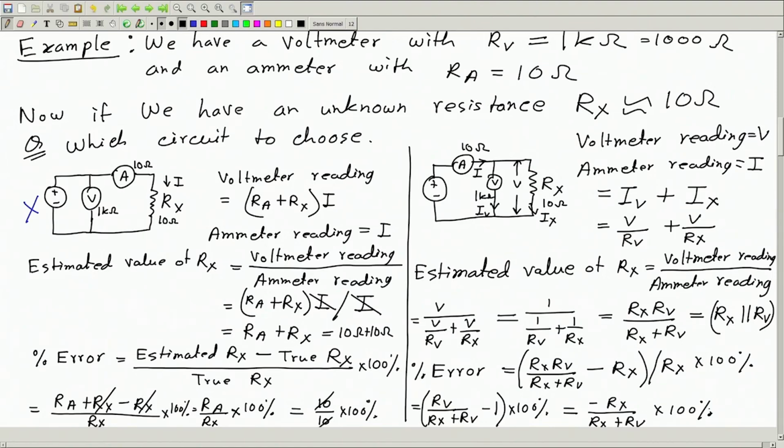And now if we put the values from here, Rx is 10, RV is 1000, then how much will this come out to be? So let me make some space by erasing one step.